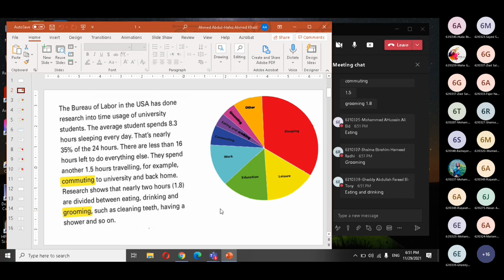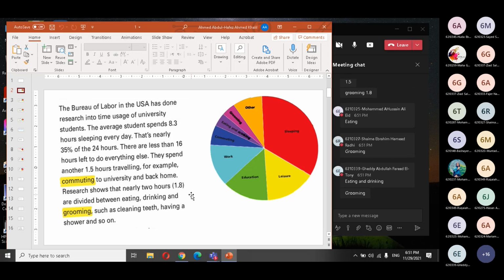Okay, here in the text, the writer did not put time for grooming alone, eating and drinking alone, but put them together, right? Eating and drinking and the grooming together. Shower, these are examples. Cleaning teeth, having a shower. These are examples of grooming.